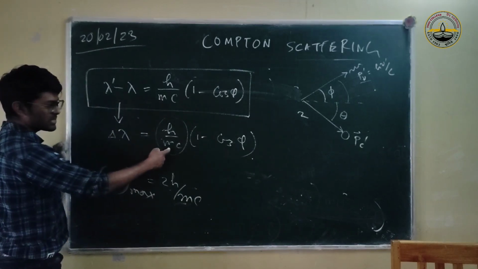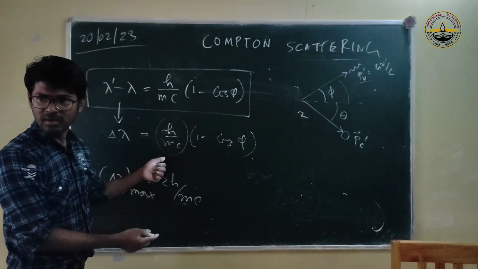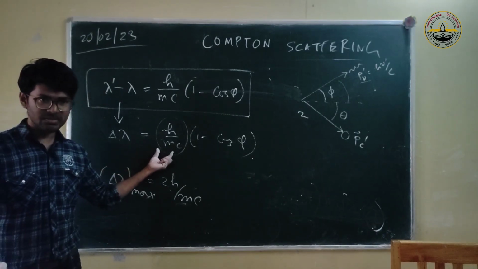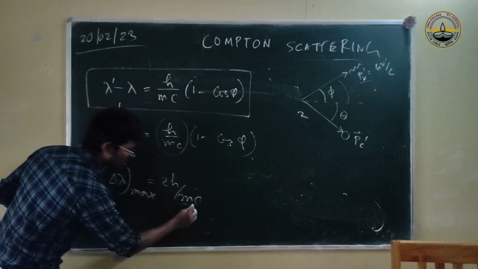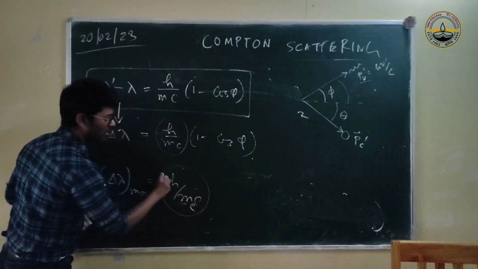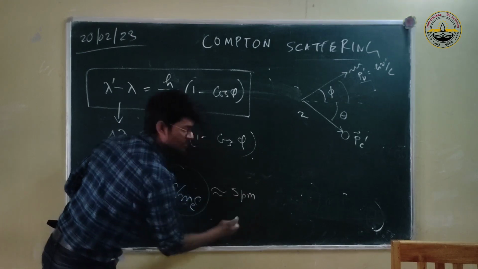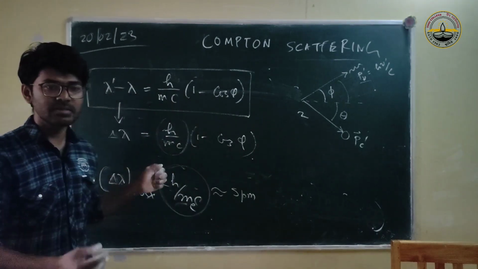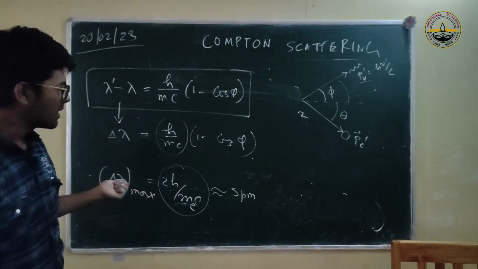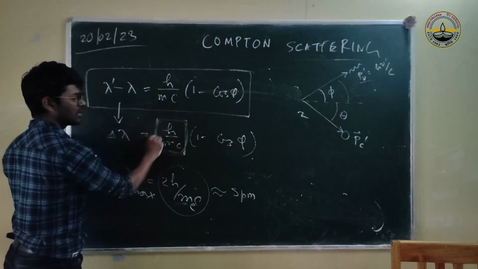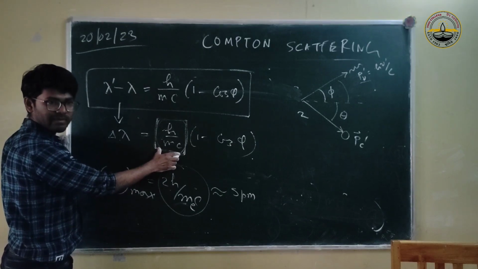Now, this could be any particle. If it's a heavier particle, the change will be less because the m is bigger. For electron, this value is around, I think, 4.8 something picometers. And for electron, this has a name actually. This h over mc has a unit of length, right?